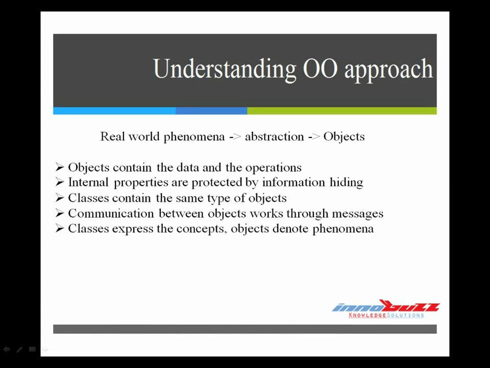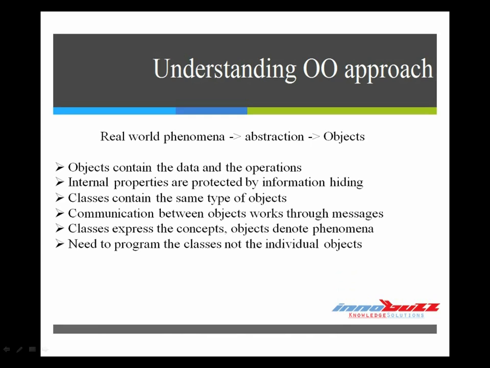Classes express the concepts, objects denote phenomena. The general rules are in the classes, and the objects are going to be concrete instances, and they are going to represent the phenomena.